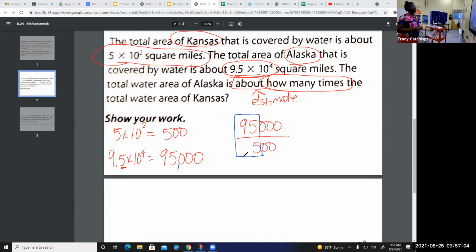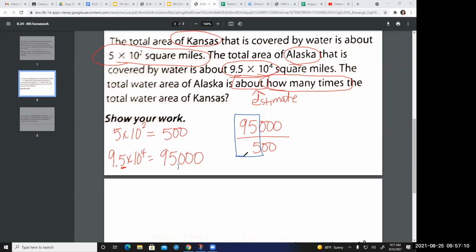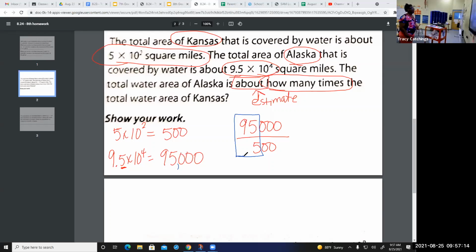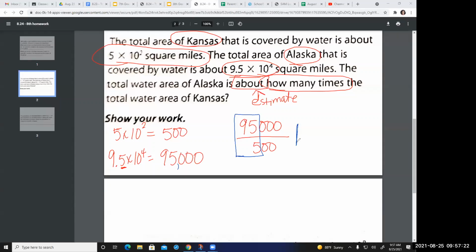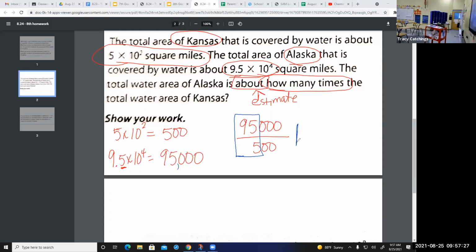9 divided by 5 is 1.8. 1, and then it would have been 45 divided by 5. All we're doing is 95 divided by 5.